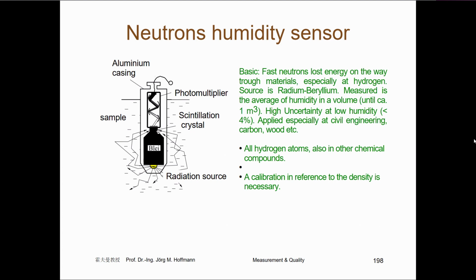And the scintillation crystal changes the invisible nuclear radiation to visible light flashes, very small light flashes. And that you can detect with a photomultiplier. A photomultiplier is an extremely sensitive light detector, so that you get impulses from the light.